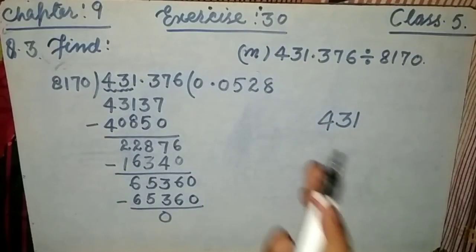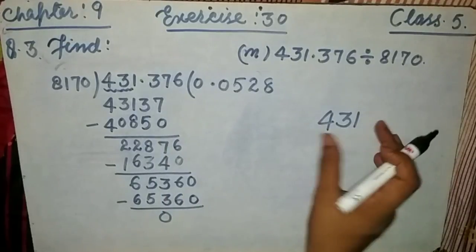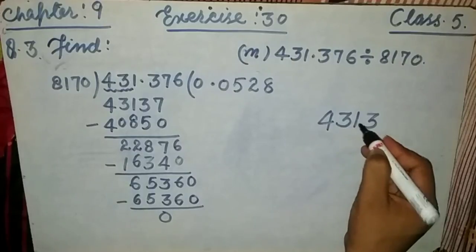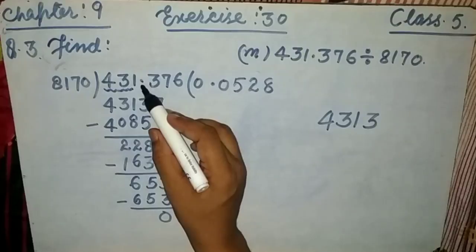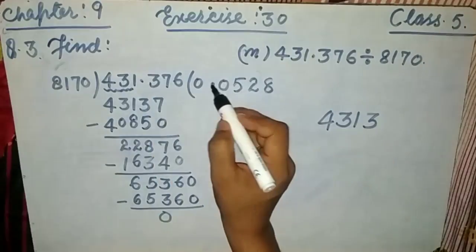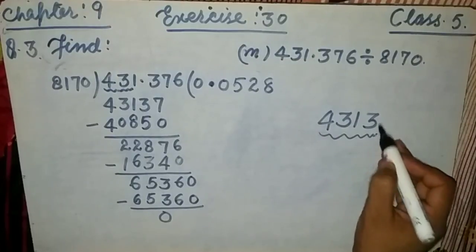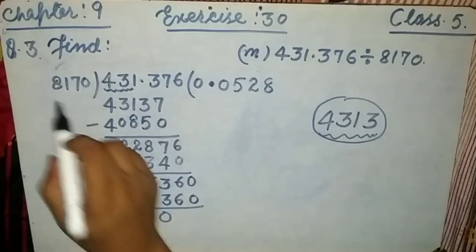Now we are going to combine one digit to it. This becomes 4313, but here is the 1 times 0. Since here is the decimal, we have to place the decimal first. Then combine one digit, but this is also less than 8000.